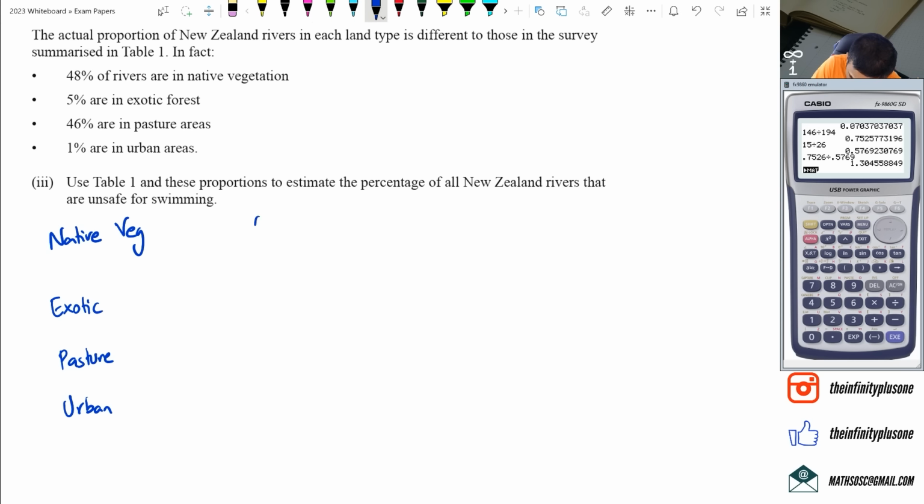Now native veg is 0.48, exotic is 0.05, pasture is 0.46, urban is 0.01. So I've basically got these probabilities, well, percentages from here. Now I need to multiply each of them with the probability that they're actually unsafe.